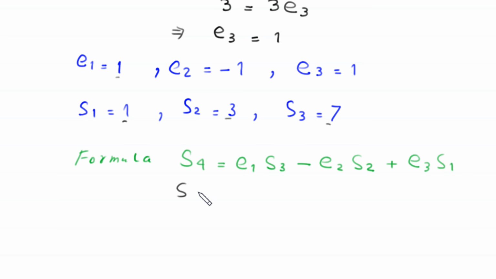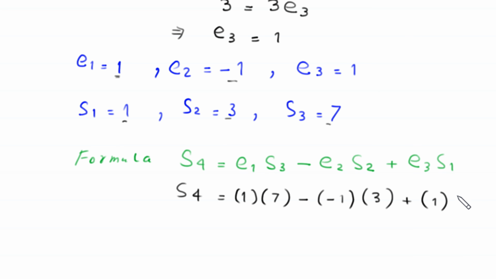So S4 will be equal to E1, which is 1, times S3, which is 7, minus E2, which is negative 1, times S2, which is 3, plus E3, which is 1, times S1, which is 1.